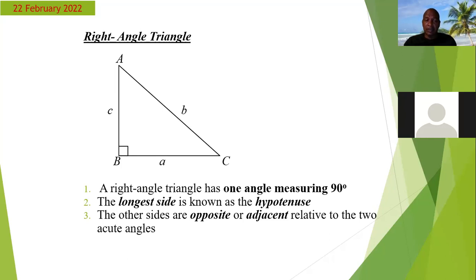If we are going to refer to a side as being adjacent, we have to also relate it to the angle that it is adjacent to. And as I mentioned before, the word adjacent means alongside.